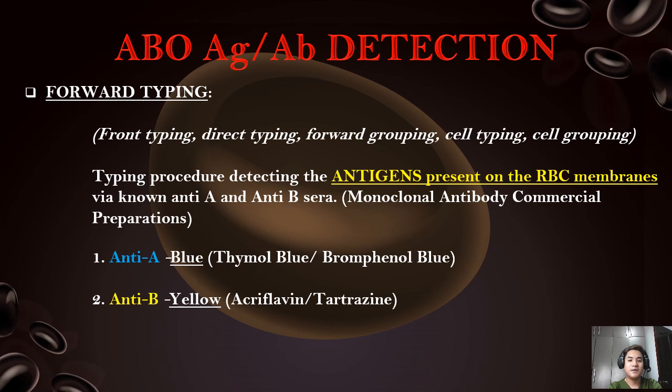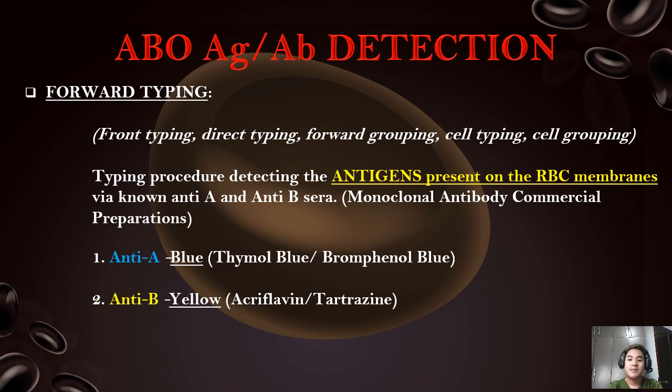So from our previous slides, remember that the ABO grouping of an individual is determined by which antigen is present on his red blood cells. And that same exact statement is the main procedural concept of forward typing.